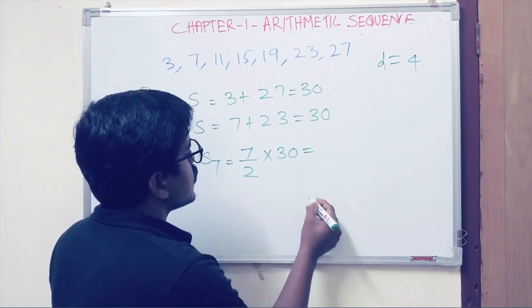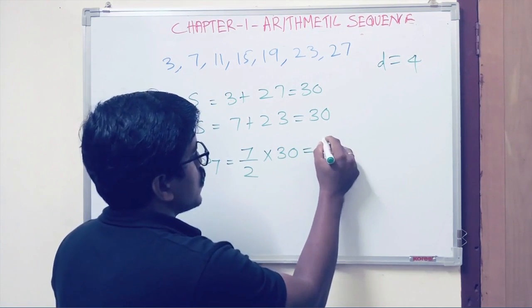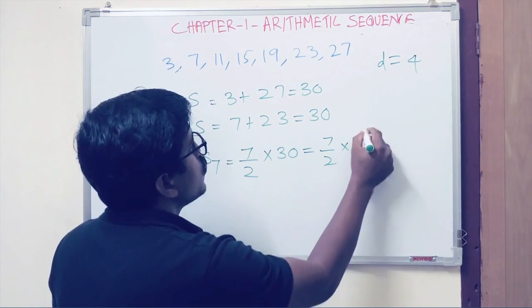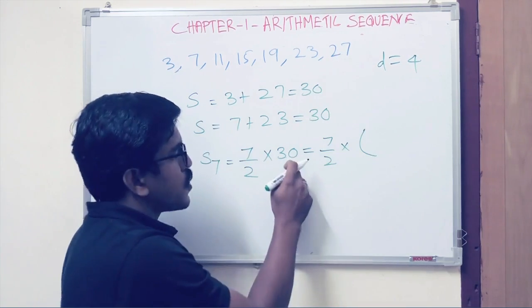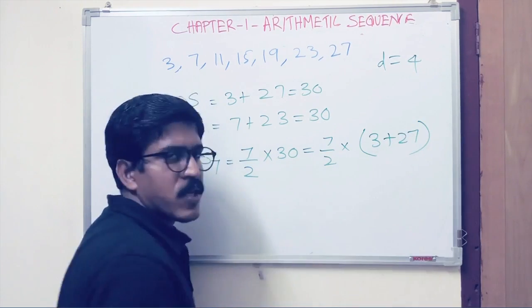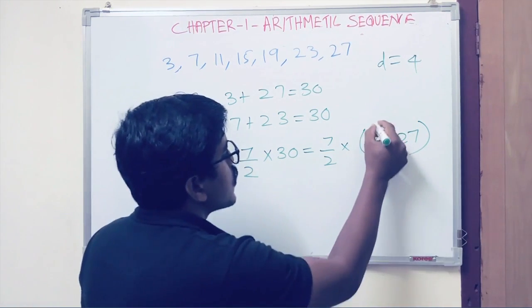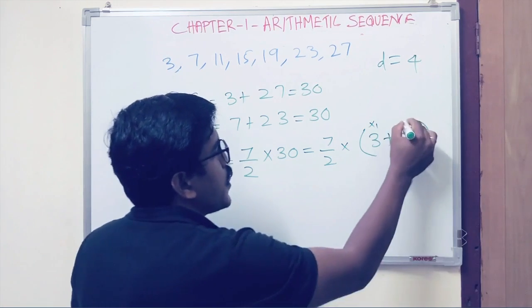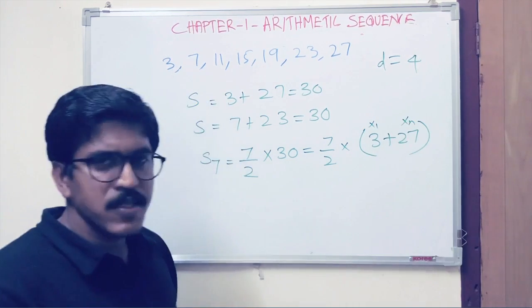We can rewrite this as 7 by 2 into (3 plus 27), that is 30. Okay, all of you know that 3 is the first term and 27 is the last term.